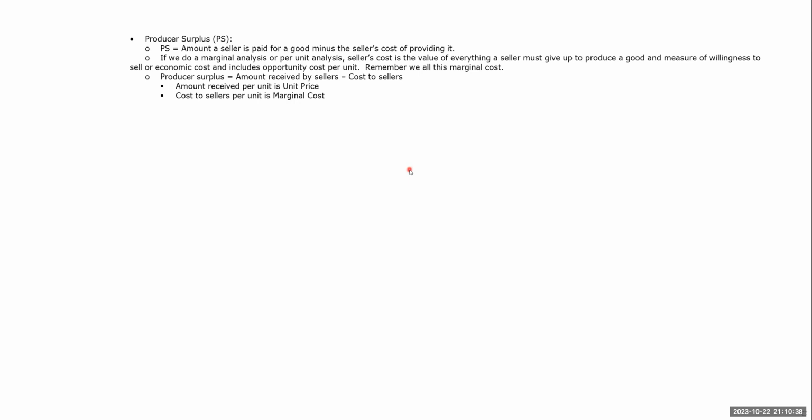Because remember the supply curve in chapter 14, when we learned about perfect competition, we learned that the supply curve is equal to the marginal cost curve. That's why we're going to use the supply curve as the seller's cost. Okay? And we will go through this for both the individual supply and the market supply curve to show you why it makes sense to use the supply curve. Okay? So let's do this now.